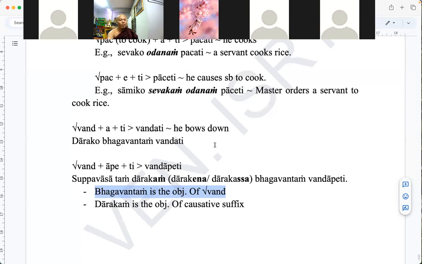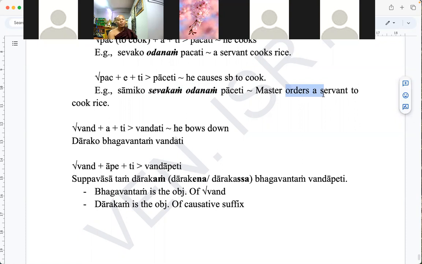Yes, actually if we translate Sāmiko sūvakaṃ odanaṃ pacāpeti, in Pali there can be two possibilities. Maybe sūvakaṃ is before the verb, and odanaṃ is also before the verb. If we change the word order, the meaning can change in this way.